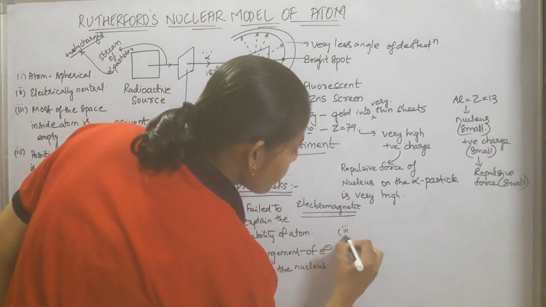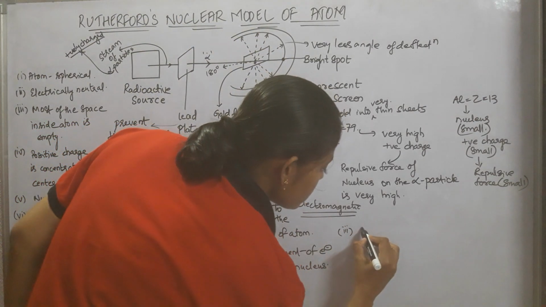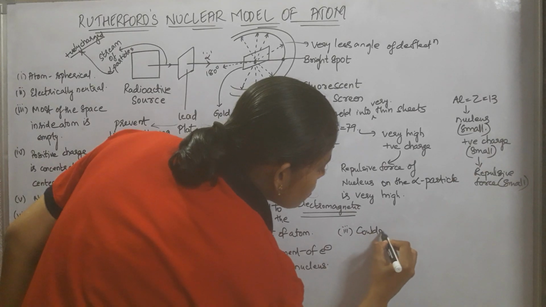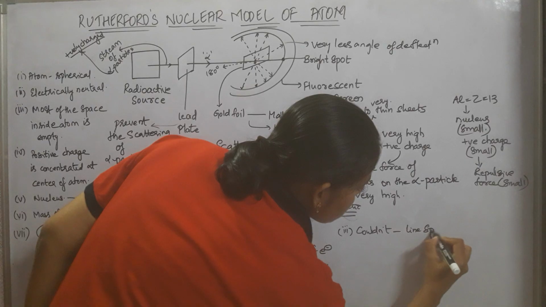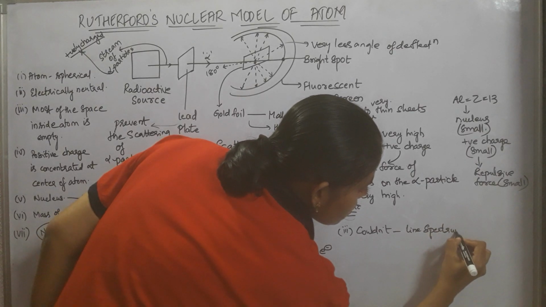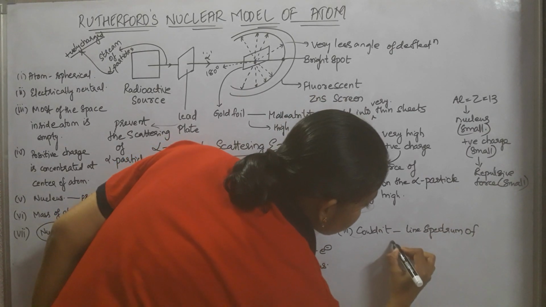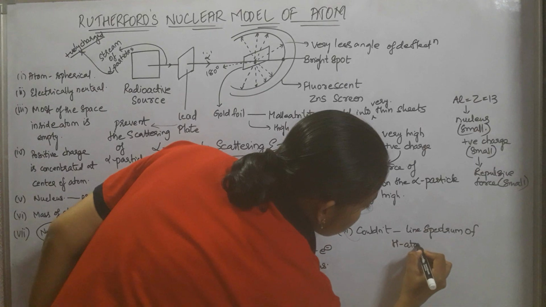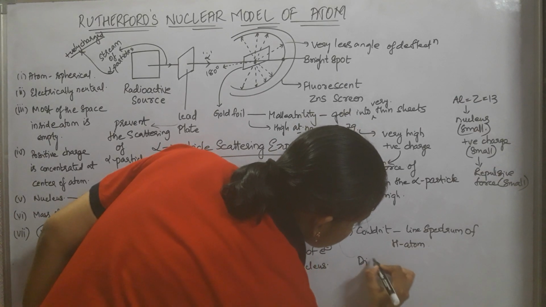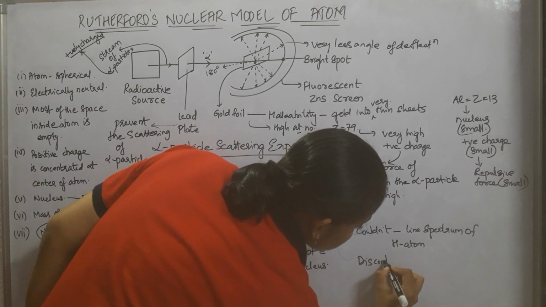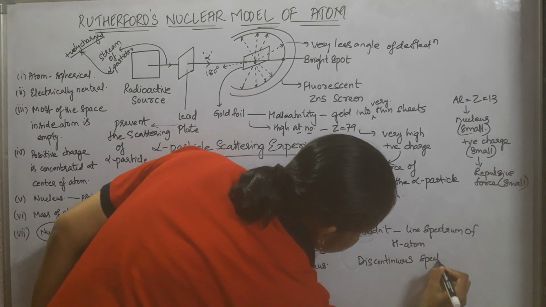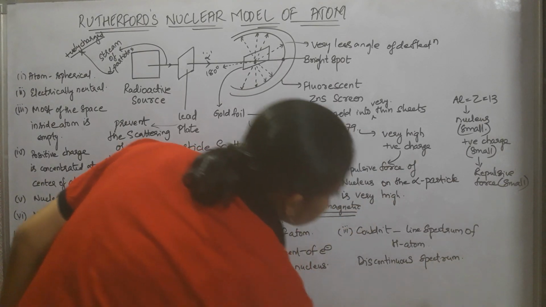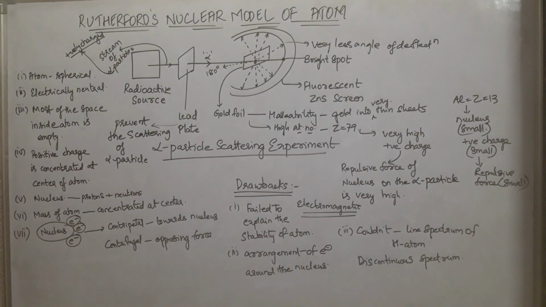The third point is it couldn't explain the line spectrum of the hydrogen atom and the discontinuous spectrum. So this is Rutherford's nuclear model of atom.